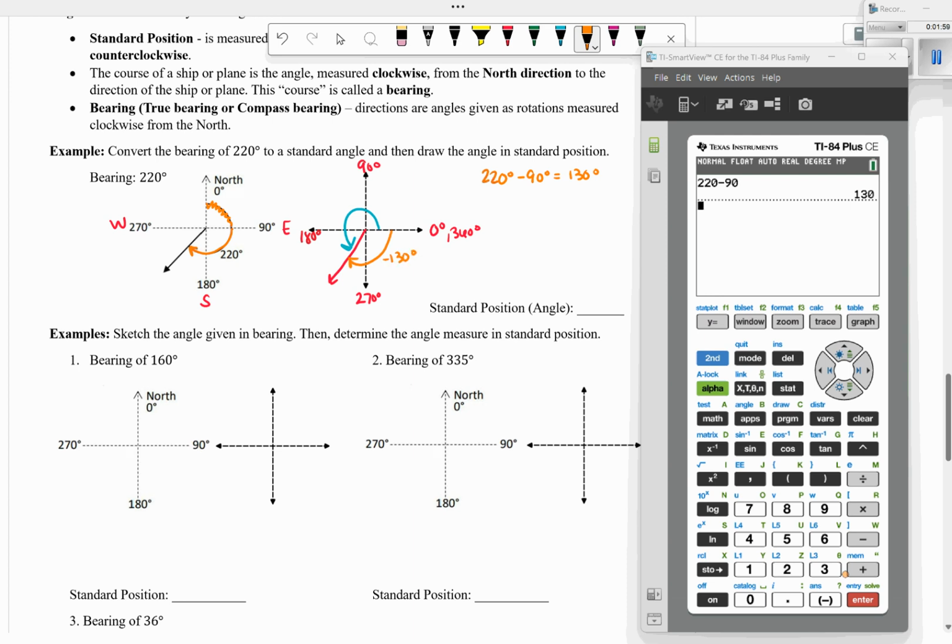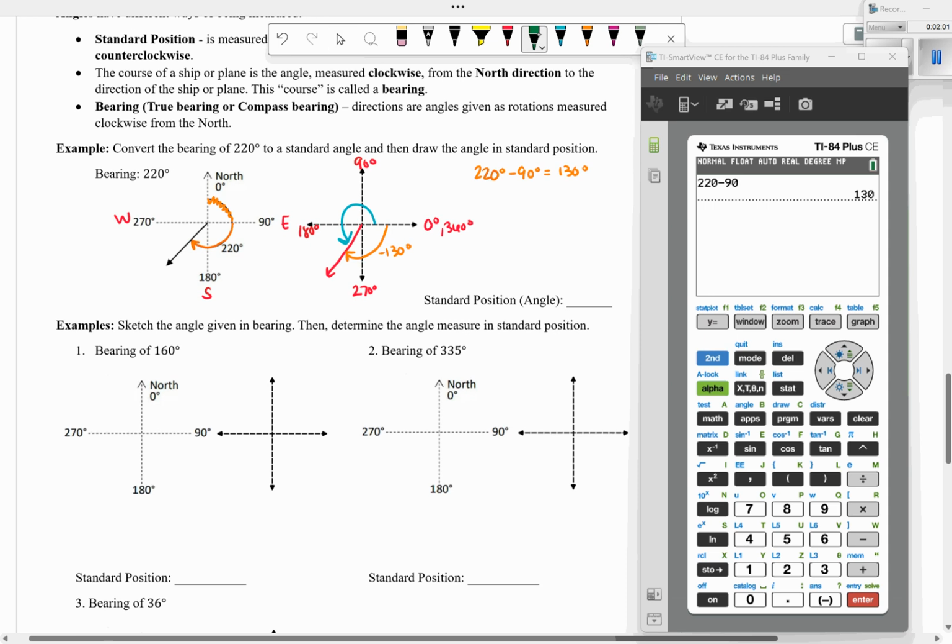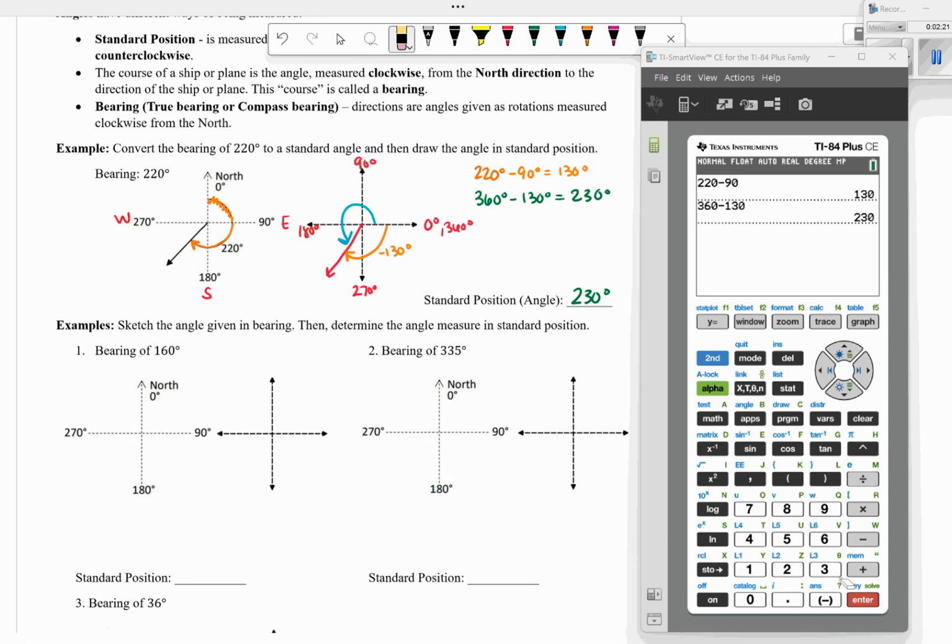So if we want the positive angle, then we use our coterminal angles to find that. So 360 degrees, and then we take that 130 and subtract it. So 360 minus 130, notice it gives us 230 degrees. That's just one way to figure out what the standard angle measure is.